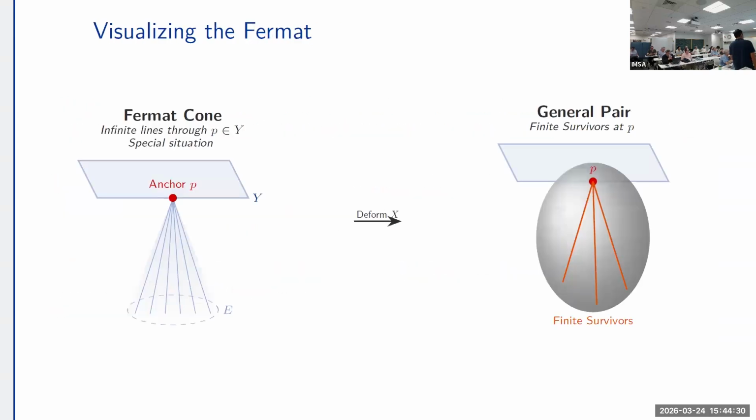I think I have a picture. Yeah. So let us think of the Fermat cubic threefold in the picture. You can have a cone of rational curves passing through some special point. So you can deform the Fermat cubic threefold, and you can ask which lines will go through this deformation.